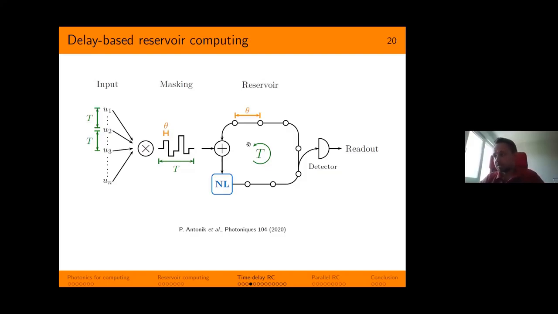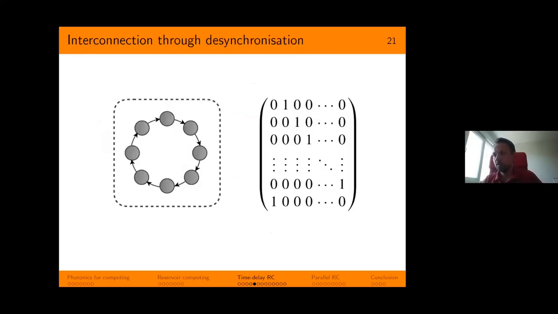In this way, for instance, the fifth masked element, when it gets back through the loop to the nonlinear element, will be combined with the fourth previous node, and therefore will create a loop connection between the nodes. So this scheme of interconnection will give us the following loop architecture, where each neuron will be connected to only one of its neighbors.